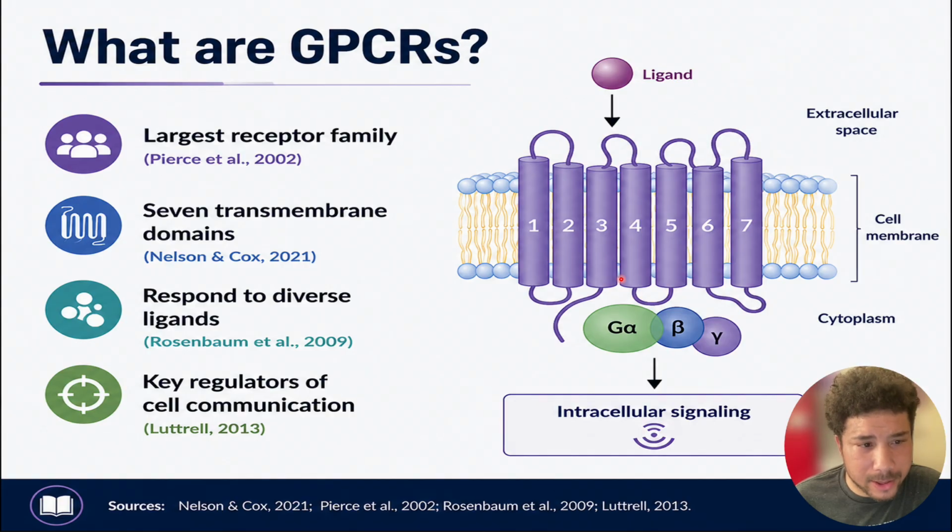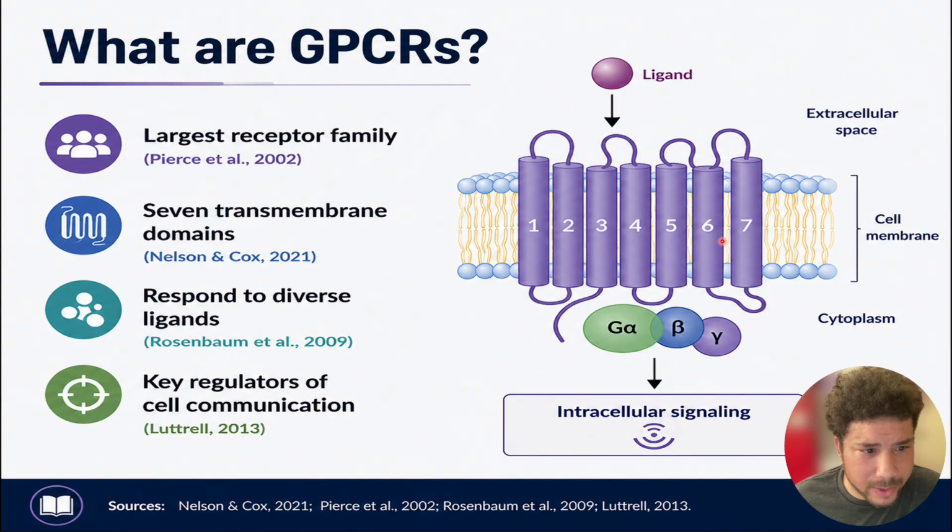The receptor is positioned so that part of the protein faces the extracellular space, which we can see here on the outside environment, and part faces the cytoplasm, on the inside of the cell.